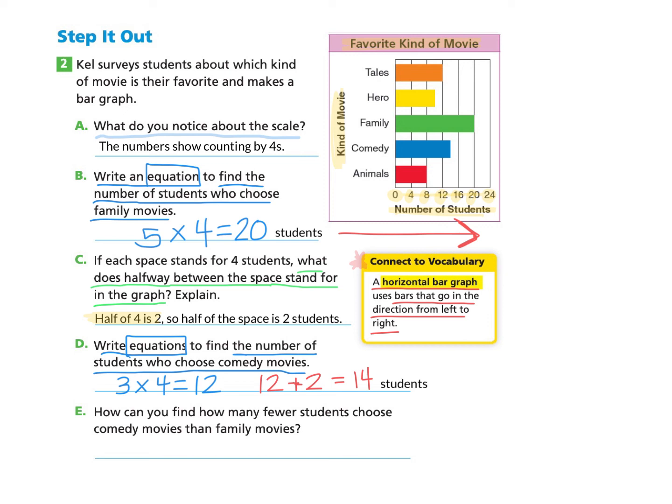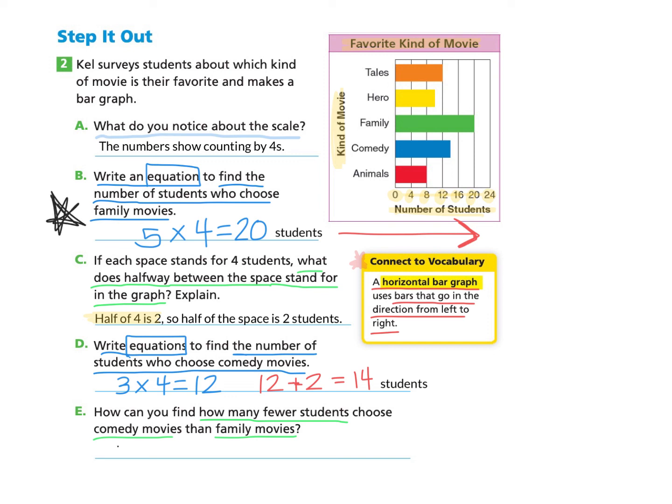Okay, our last part E says, how can you find how many fewer students chose comedy movies than family movies? So we're going to be comparing the students who chose comedy movies and family movies, which we already found here in part B and part D. So we know that we're going to put the big number first, which is the family movies right here.